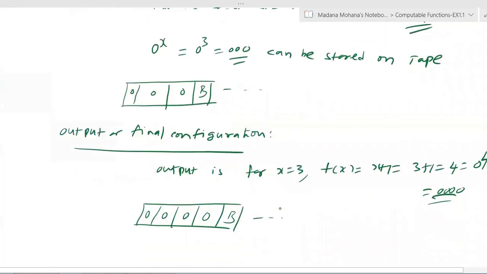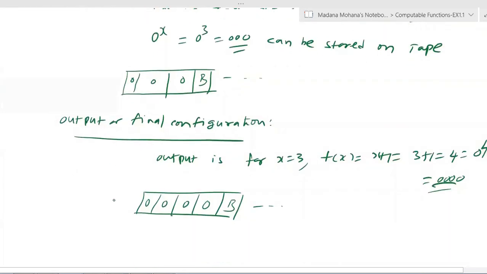So now our target is to derive this. In the input configuration you can see we already have 3 zeros, but here 4 zeros are there. So one extra zero is required. How to get this extra zero? After reading all symbols from left to right, you skip all zeros until you get the first blank symbol.